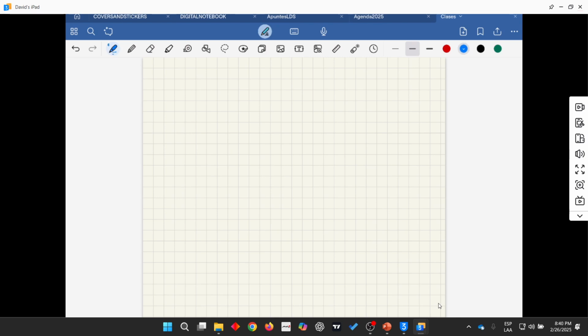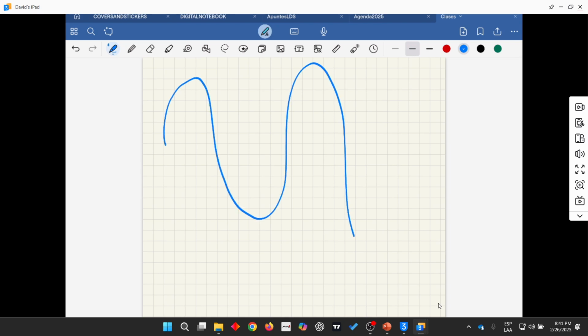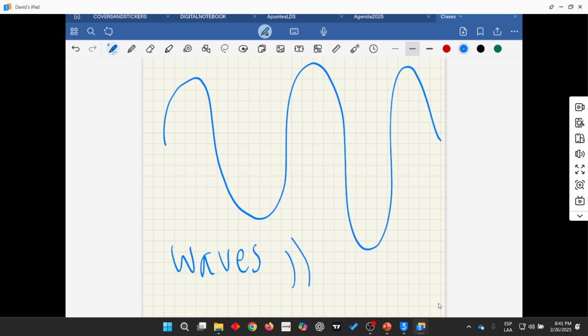So when you listen to my voice, in the spectrum, we can't see it, but in the spectrum we are going to see something like this. These are called waves, and this is the way that sound travels in the air.